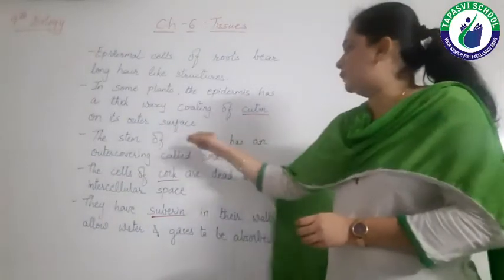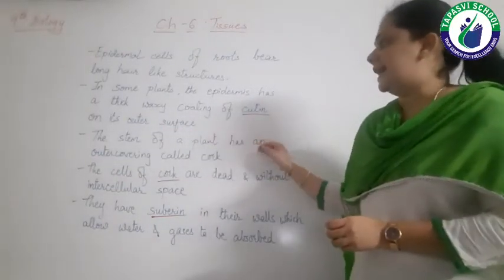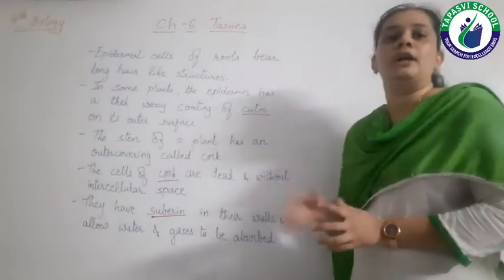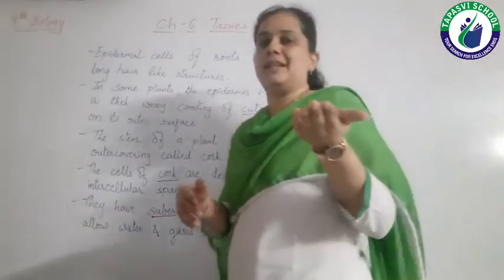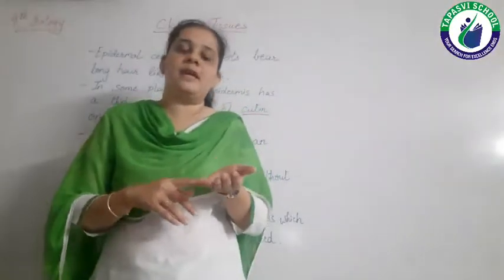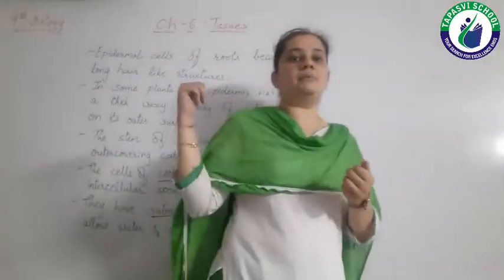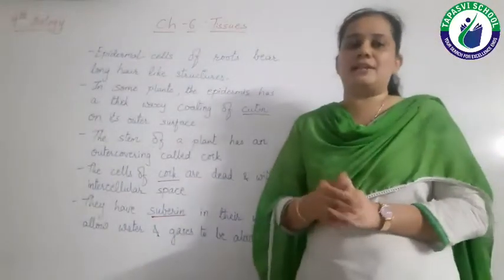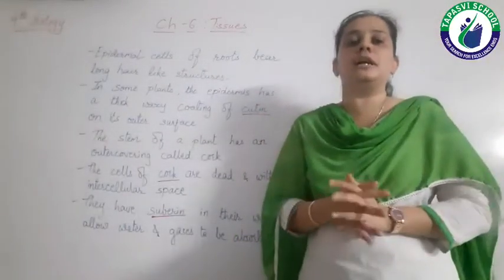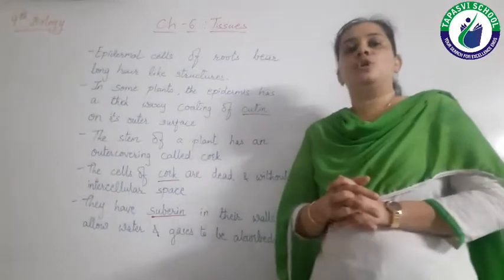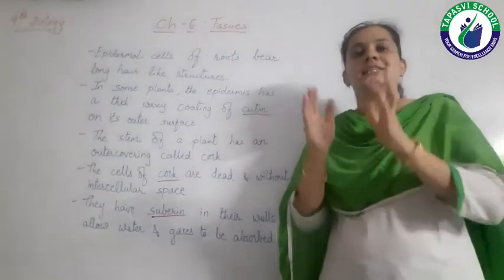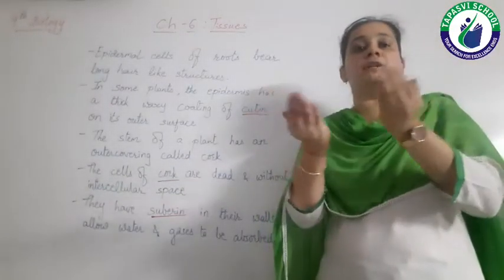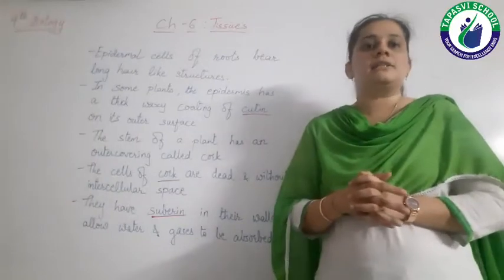Now the stem of a plant has an outer covering called cork. First we studied the epidermis of the leaf, then we studied the epidermis of roots. Now let's move towards the epidermal cells which are present on the stem, right? As we know, the stem has a thick layer of epidermal cells.